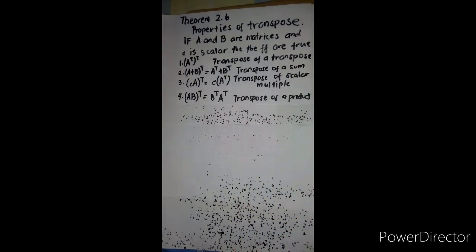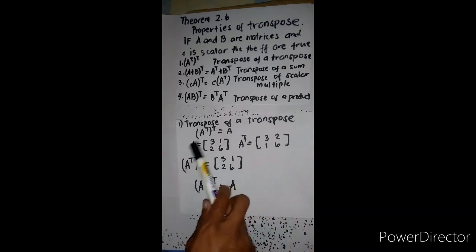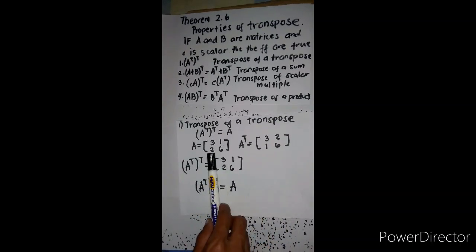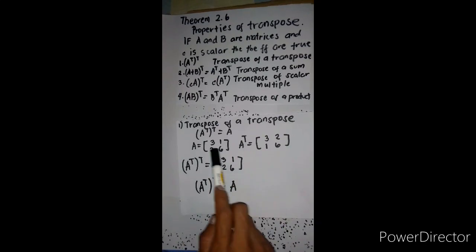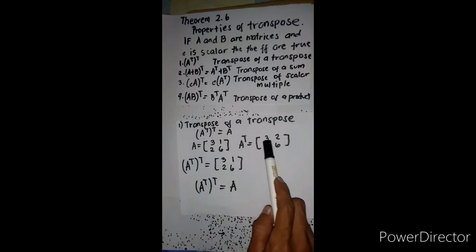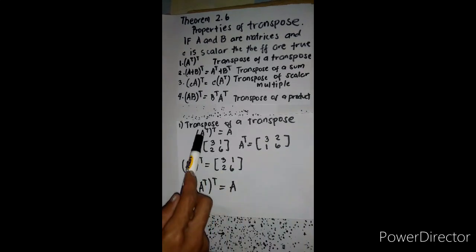So we go to the first property, which is transpose of a transpose. We have a given value of A, 3, 1, 2, and 6. In transpose, you write the column into a row. So in this 3, 1, 2, 6, we have a transpose of 3, 2, and 1, 6.